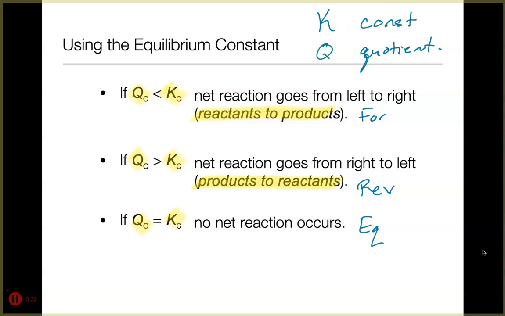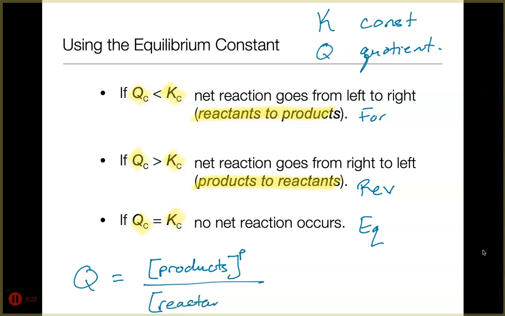So what is this Q, right? You don't have to learn any new equation. If I have a reaction quotient, it's the exact same equation as Kc, where it's the concentration of the products raised to some power over the concentration of the reactants, again raised to some power.